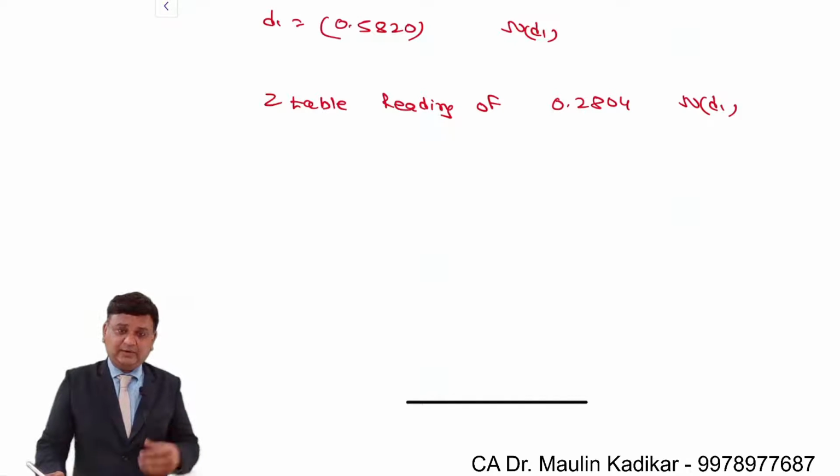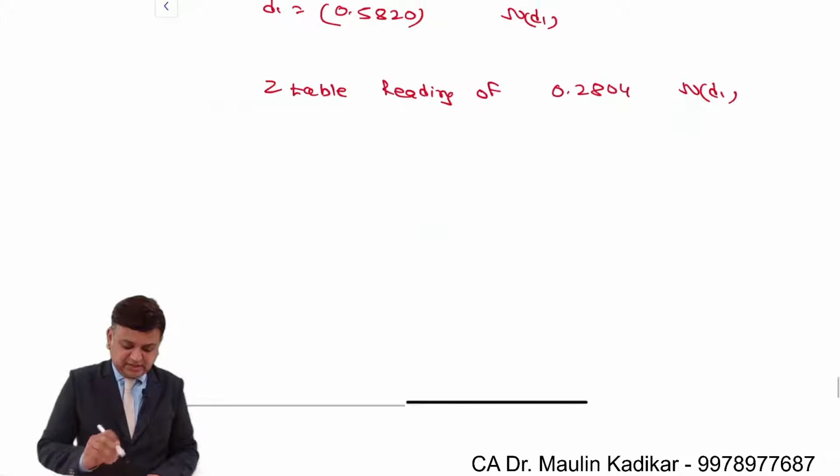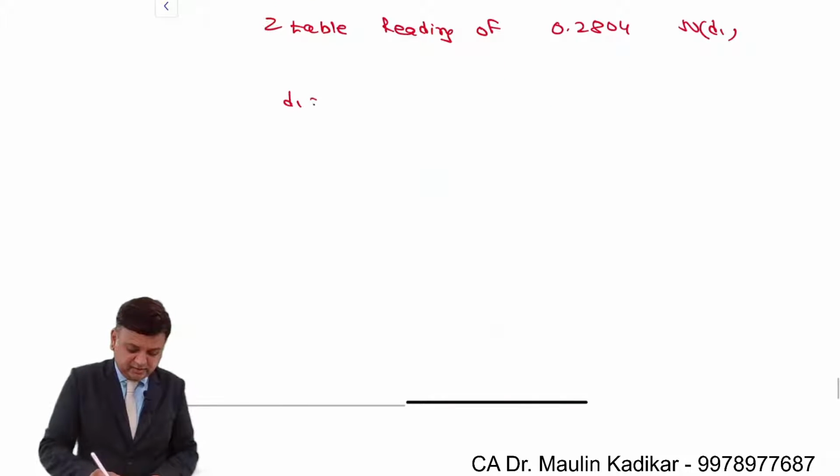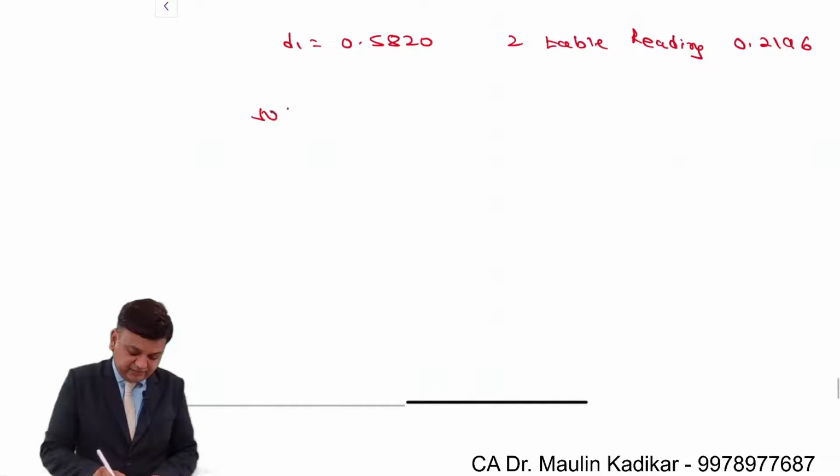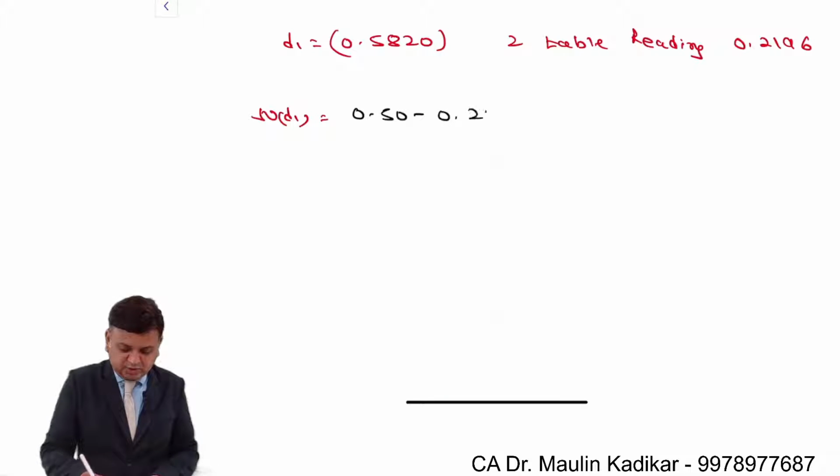Let me explain you why. Now generally, for the D1 0.5820, we know that the Z table reading is 0.2196, which I have explained you in detail. So now for ND1, this is negative. It is 0.50 minus 0.2196. We deducted. Why?